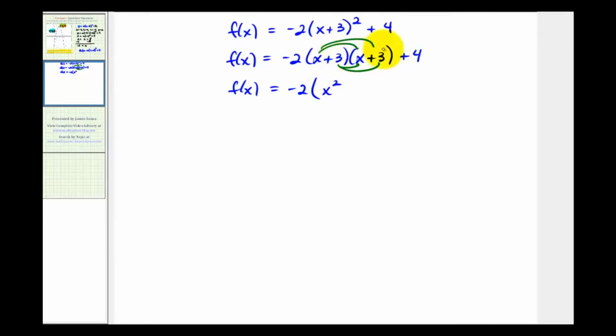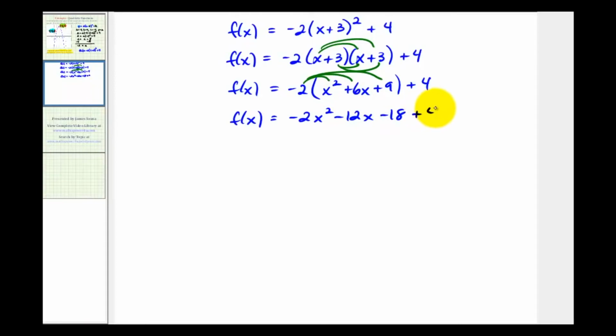Then we'll have plus 3x, that's plus 6x, plus 9, plus 4. Now we'll distribute the -2. So we'll have -2x squared minus 12x minus 18 plus 4.